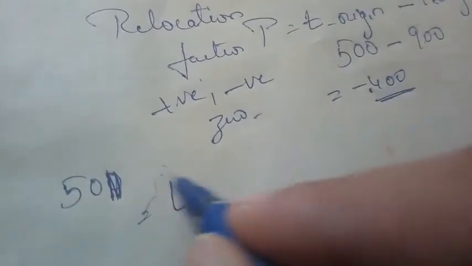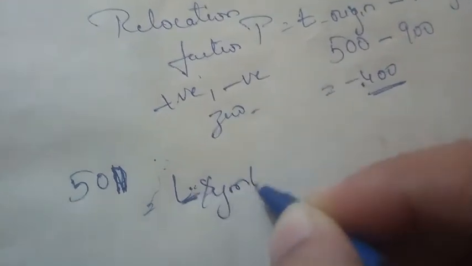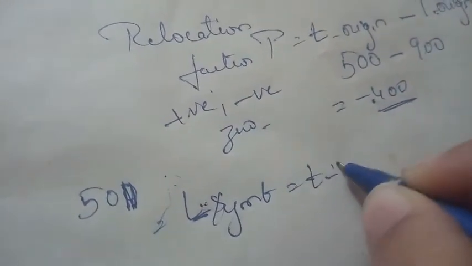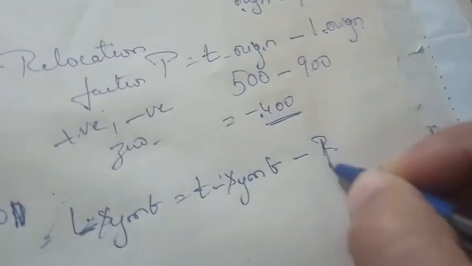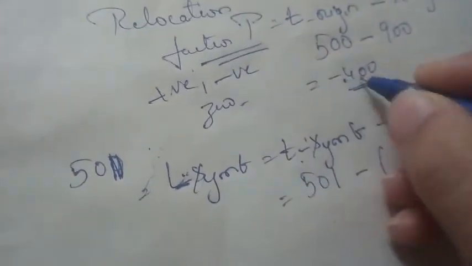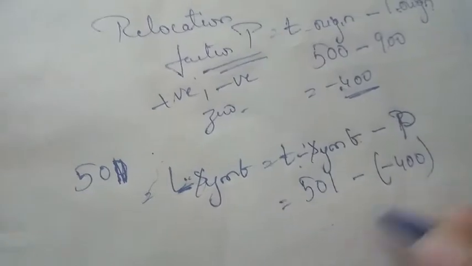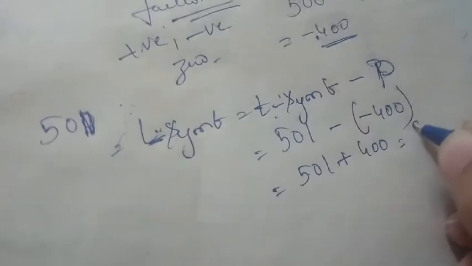The new location, relocated using a relocating loader, in main memory is called the load location, or load symbol, and it is given by the translator symbol minus relocation factor P. The translation address is 501 minus the relocation factor you got, minus 400, so it is 901.